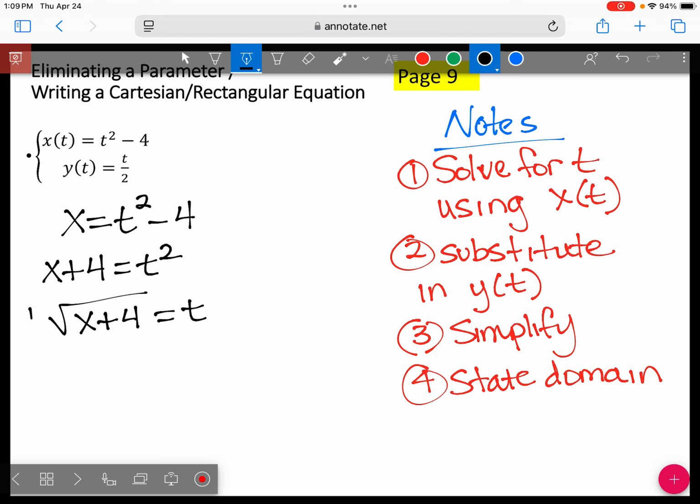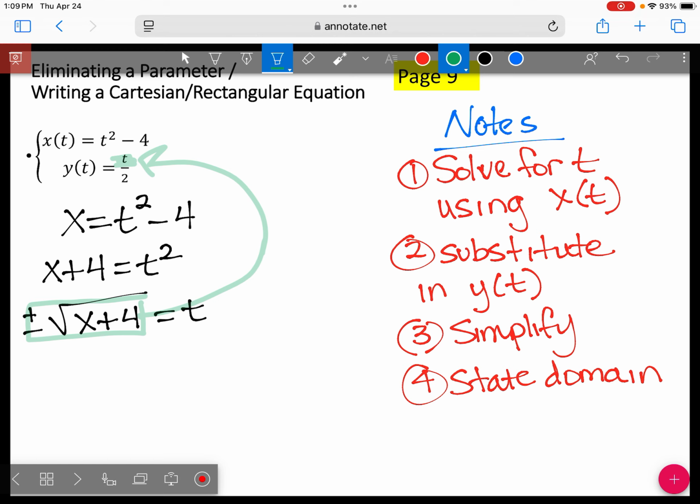So t equals plus or minus the square root of x plus 4. So that's step 1. Step 2 is take what we got and put it in place of t in y. So I'm simply going to take this and put it right here.